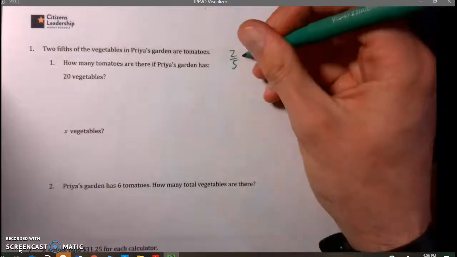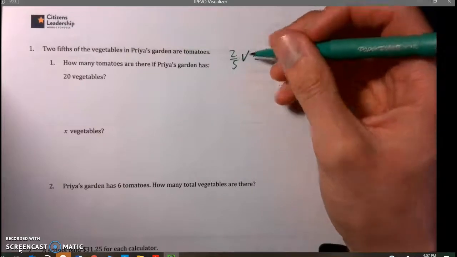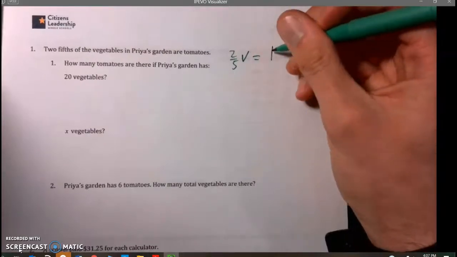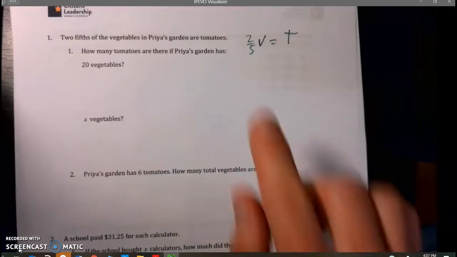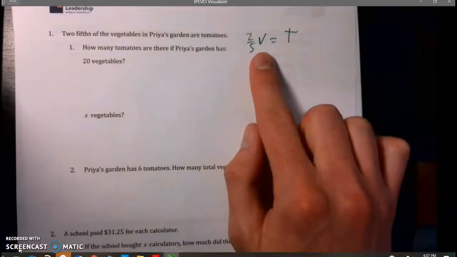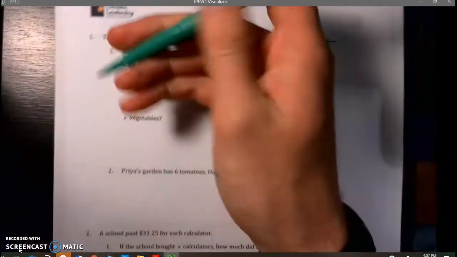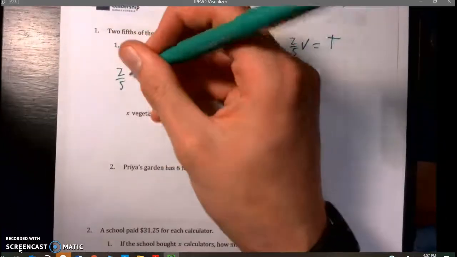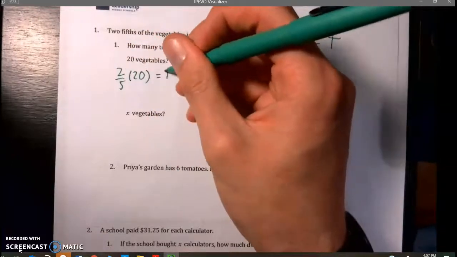So I'm going to use the variable v. So if we took her amount of vegetables and multiply it by 2/5, we would get her amount of tomatoes. 2/5 times the amount of vegetables she has will give us her amount of tomatoes. So if she has 20 vegetables, 2/5 times 20 equals her amount of tomatoes.